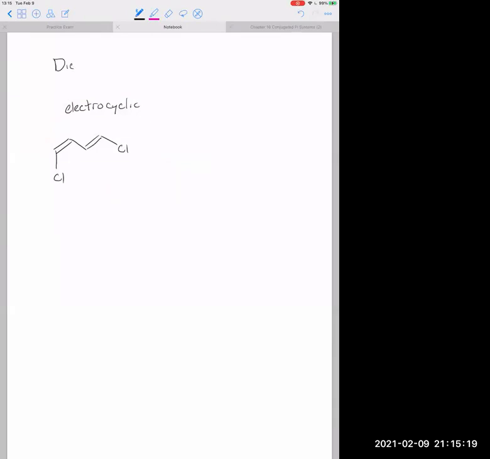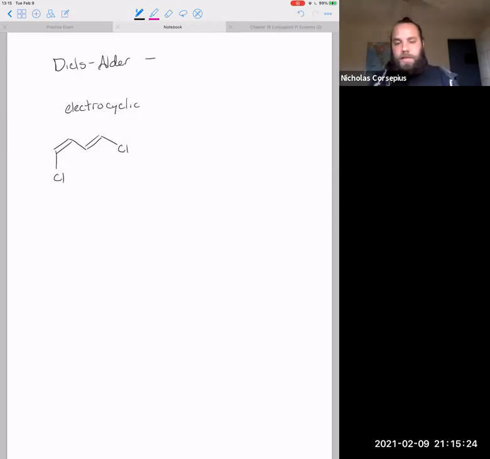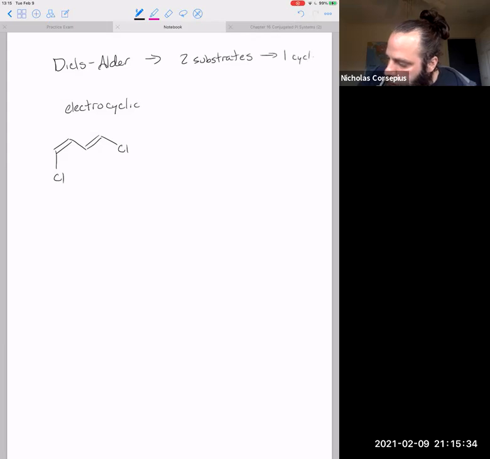This reaction is the one where it closes. Exactly. So just to keep these electrocyclic reactions straight, the Diels-Alder are when you have two substrates leading to one cyclic product.